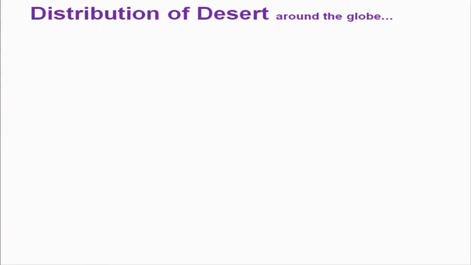Now, distribution of the deserts across the globe. You will notice that in the middle part of the globe, that is, the tropics, you will not see much desert formation.